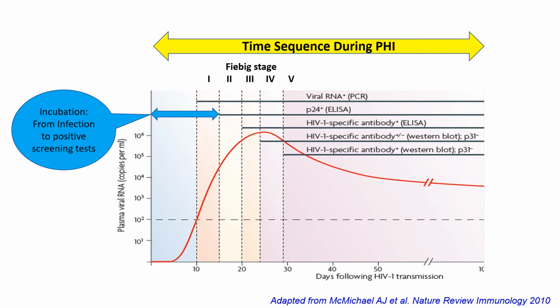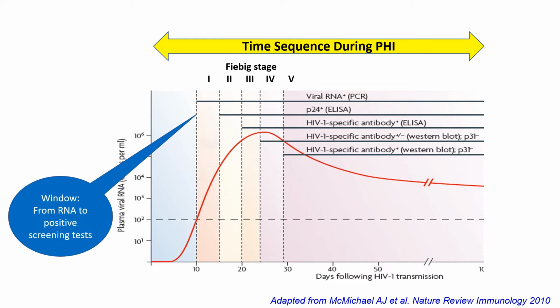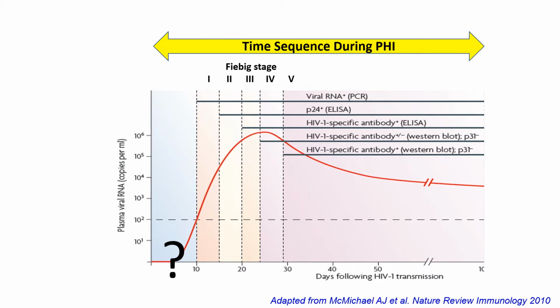And finally, window: the time elapsed between first appearance of HIV RNA and positivity of screening tests. Note that only the window is well defined, see next slide, whereas there is a big question mark about the time between infection and first detectable HIV RNA, to which we'll come back.